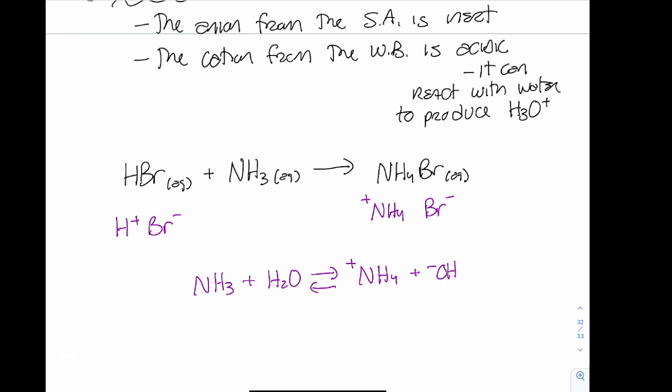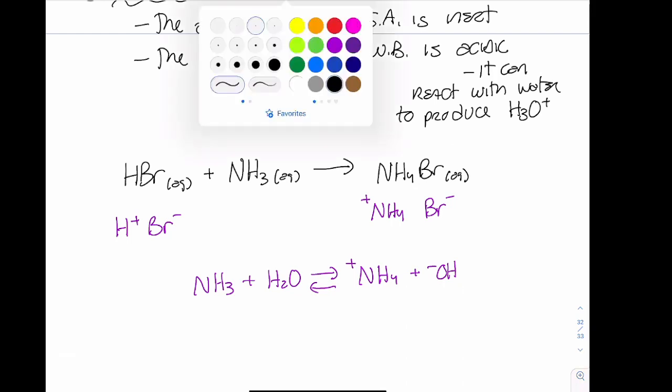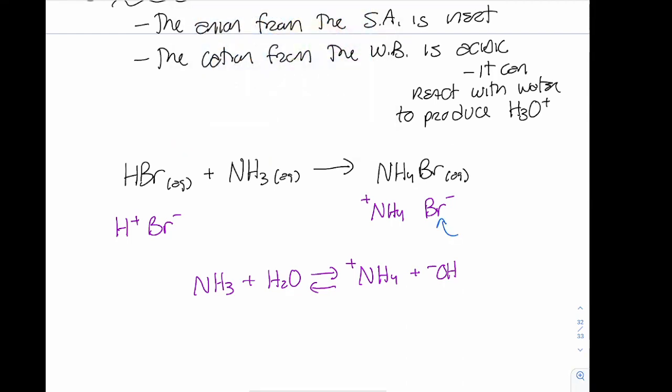So if we look at that, this is inert. But then if I go back down and look at this reaction, and this isn't my net ionic equation, this is just a closer look at my base.